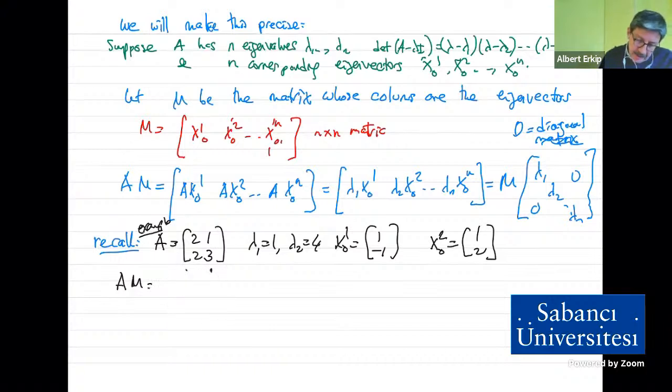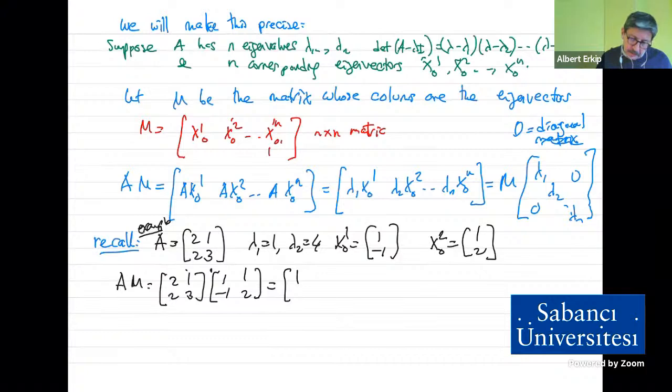A times M is [2, 1; 2, 3] times M. When you multiply it, you get 1, 2, then 2 minus 3 is minus 1, 2 plus 2 is 4, and 2 plus 6 is 8.